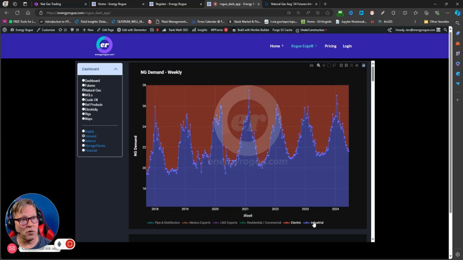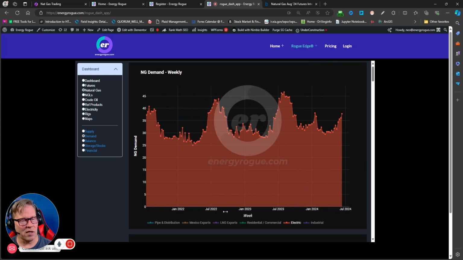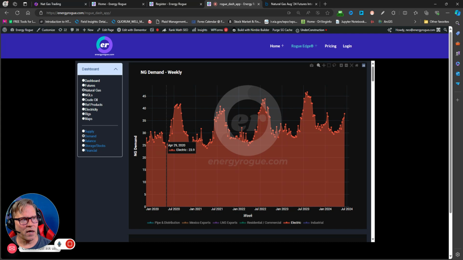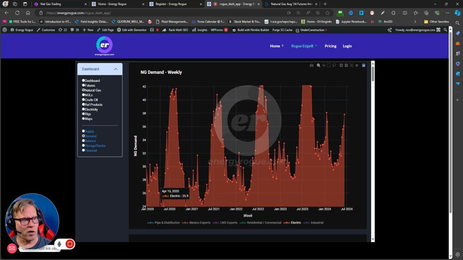But when you look at electric, you will start to see that it was within a BCF of each other. Now, if you look at this, this is showing that we're going from 24 BCF up to 30 as our baseline. So in the last 4 years, we've grown by 4 BCF a day, where industrial was only 1 BCF a day.